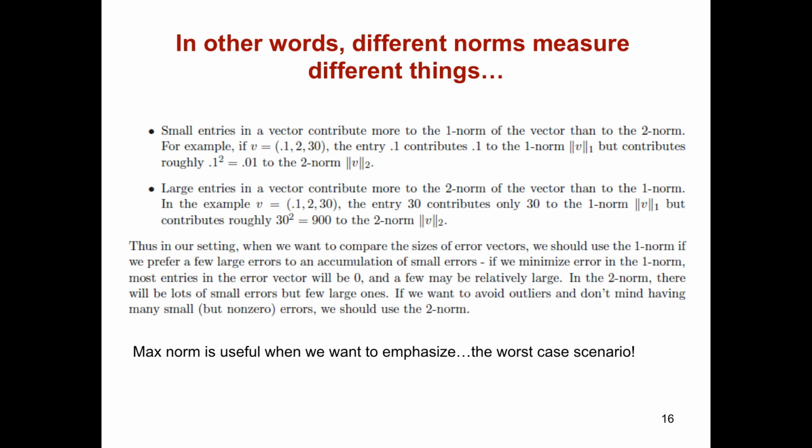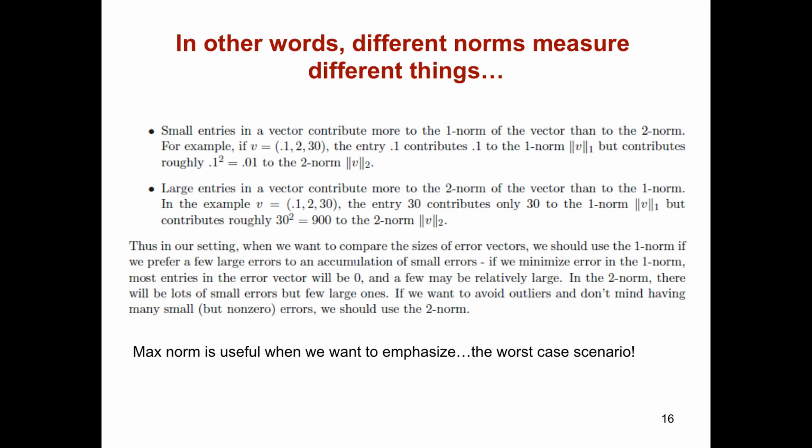This 0.1, if I just take the absolute values and sum it up, will give a bigger contribution to the norm than it would if I did the 2 norm, where I took the square of 0.1 and the square of 30, those become much further apart, and the smaller number kind of drops out. Because compared to 900, 0.0001, when you sum them together, you don't get much. So basically, small numbers get lost when I'm taking the 2 norm. And if I want to accentuate them a little, I will use the L1 norm.